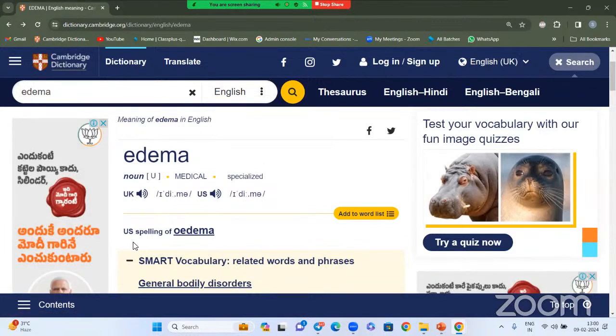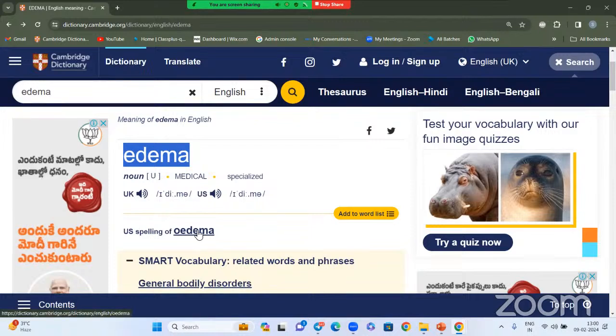OEDEMA is British spelling, and EDEMA is American spelling, the US spelling of edema. Is that clear? Yes, sir.